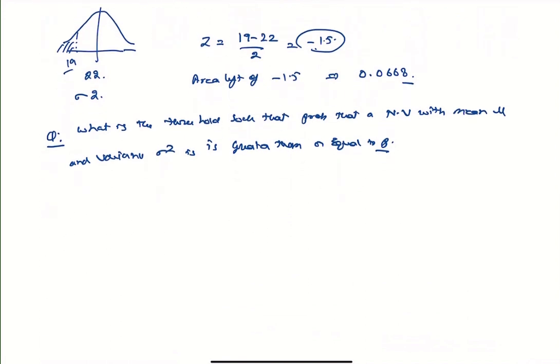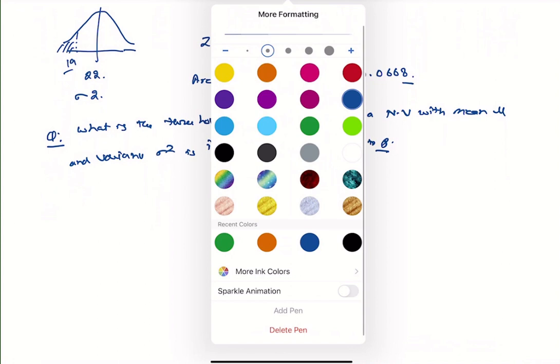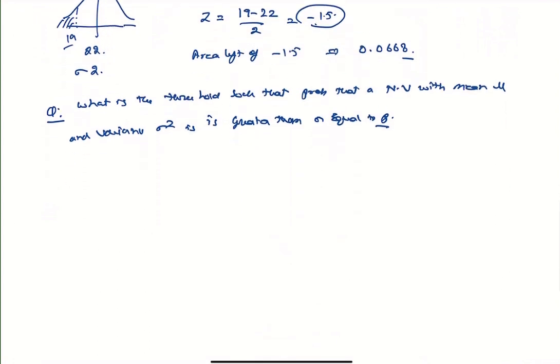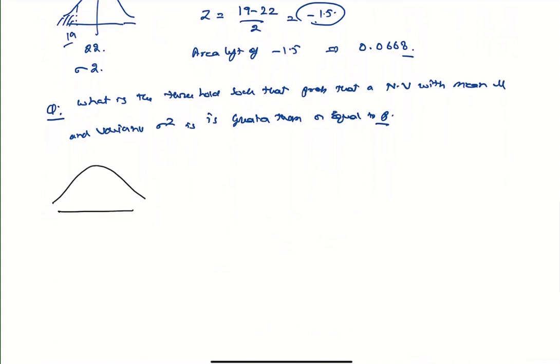Now what are they actually trying to ask here? What they are asking is that we have a normal distribution here which has a mu and sigma square, and we have a normal variable here, and this is greater than or equal to p. This is the p, and the variable here is a, which is going to be a minus mu upon sigma. So that is the variable, but what is it going to be?